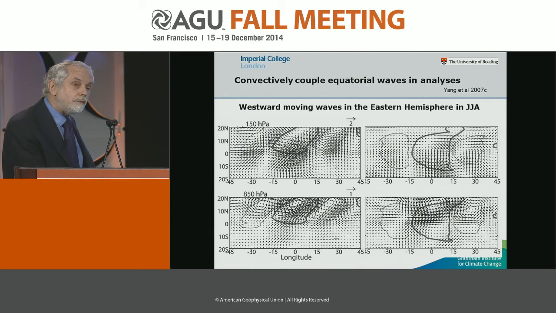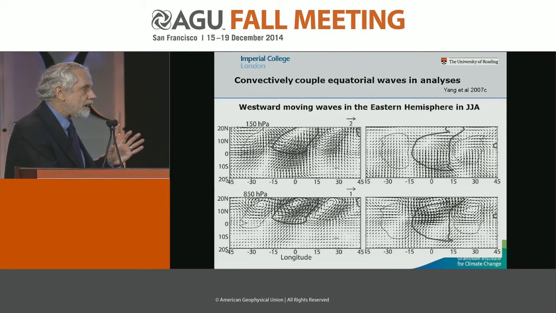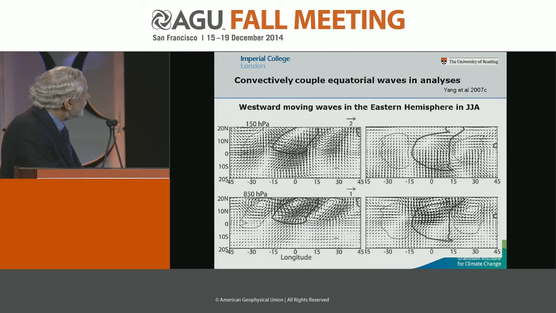This links, we think, with some of the equatorial waves that Yang Guiying and I have been looking at in recent years, where we've been taking measures of convection, this is brightness temperature, and looking at the structures that go with that, or looking at the dynamical fields and the convection that goes with that.